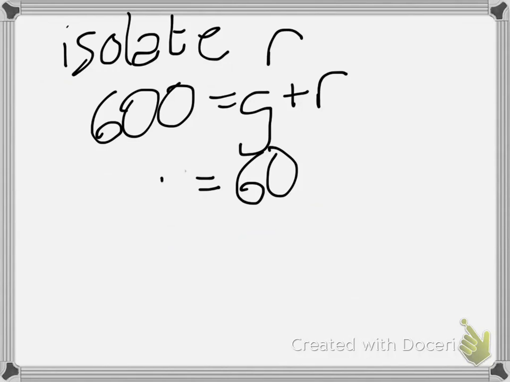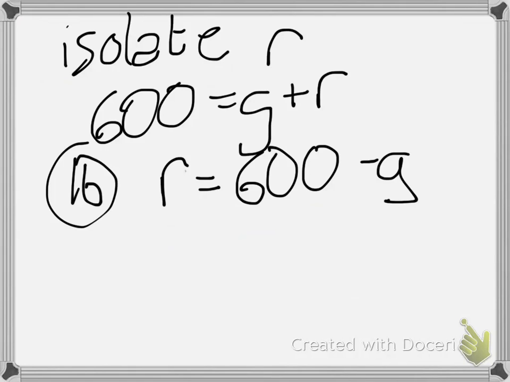Okay, R equals 600 minus G, my bad. After we have that, this is going to be 1B.